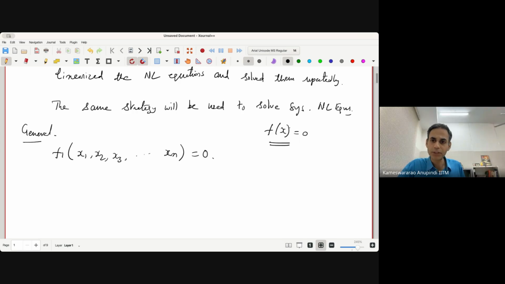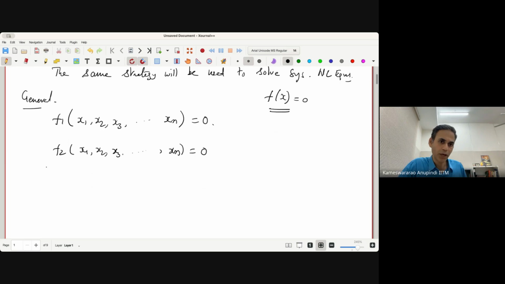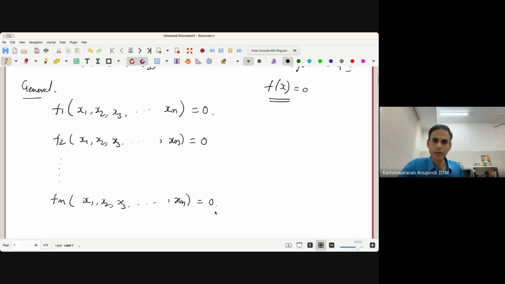Now, instead of just one variable, I have several variables. It could be x, y, z, and so on, but it can be even more than that, so I have used x1 to xn. Similarly, let us say we have another function f2, which is also a function of x1, x2, x3, and so on, xn, equal to 0. And we have many such functions. The last function fn is again a function of x1, x2, x3, and so on, xn, equal to 0. So we have n such functions.